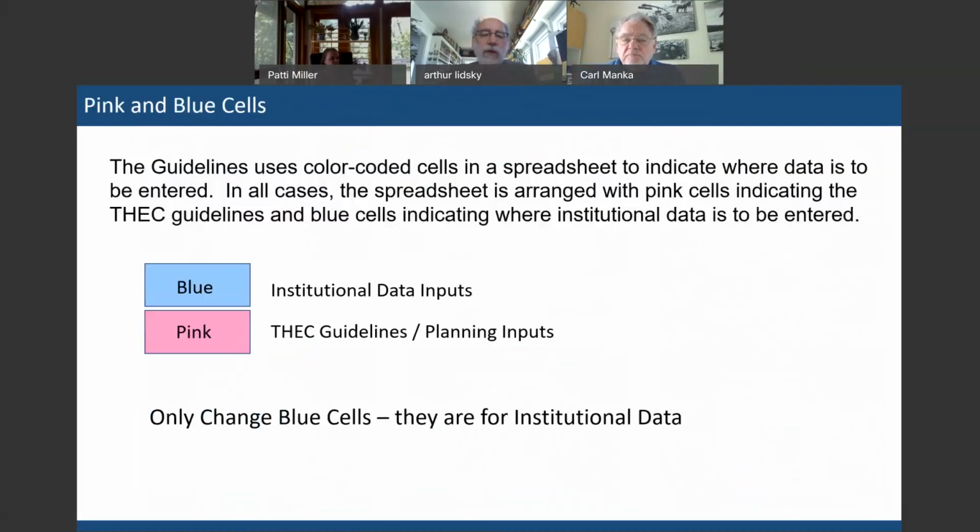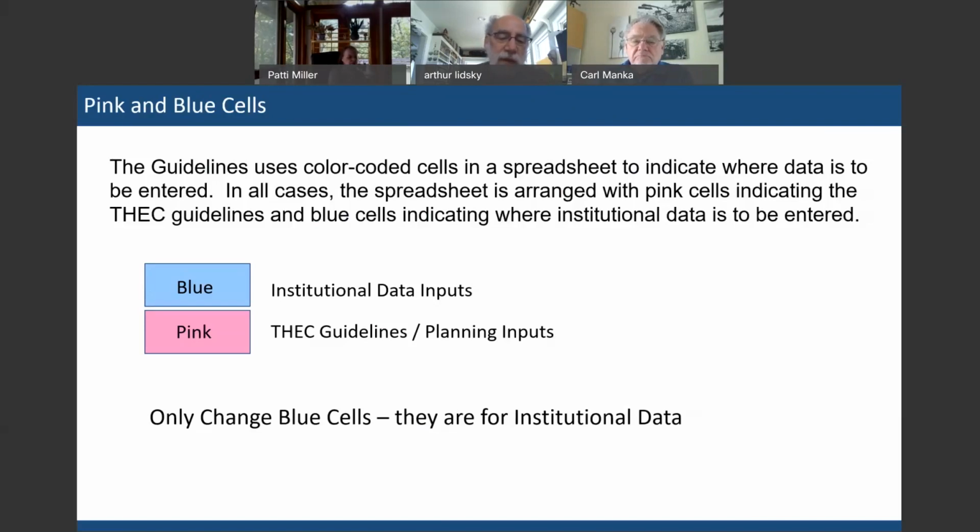So the spreadsheet that comes along with the manual, the user's manual, has a color code system where blue boxes or blue cells in the spreadsheet are places where you as an institution would put in data. The pink cells are part of the guidelines that automatically run when you put in information in the blue boxes.